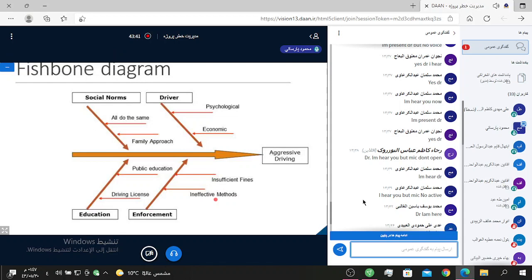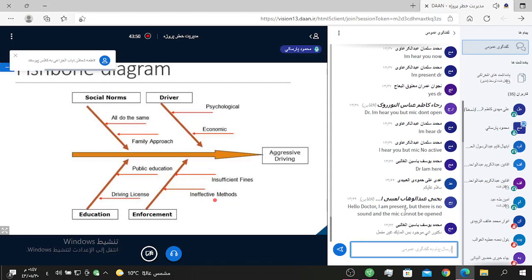And there are some causes about this example. From the top, social norms, including, for example, everyone does the same, and family approach.